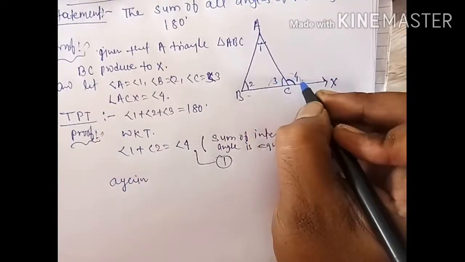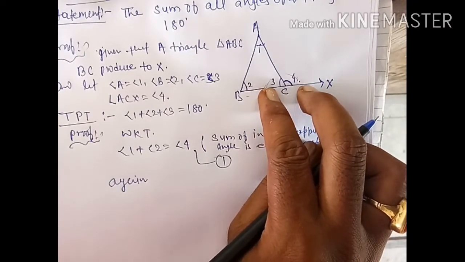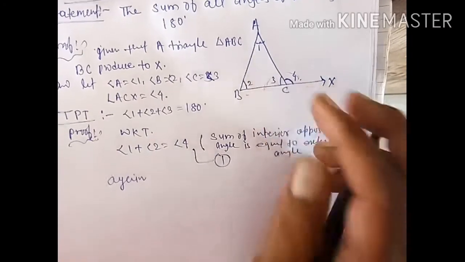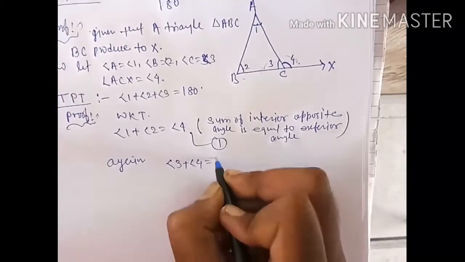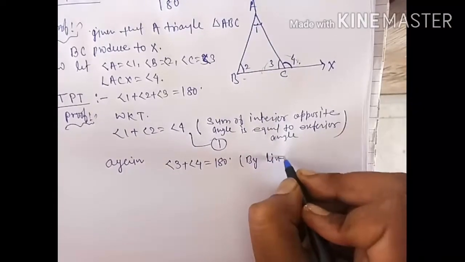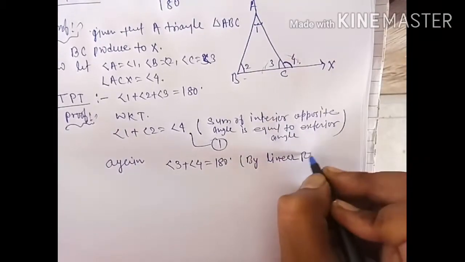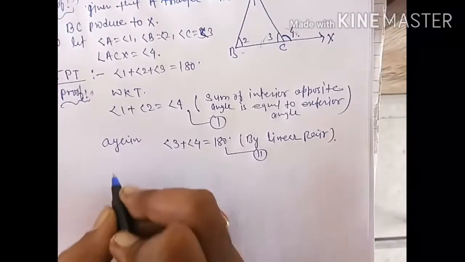Again, here angle 3 and angle 4 make a linear pair, and we know that sum of linear pair is equal to 180 degree. So angle 3 plus angle 4 is equal to 180 degree. By which property? By linear pair. This is equation 2.